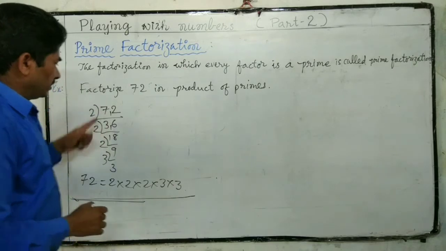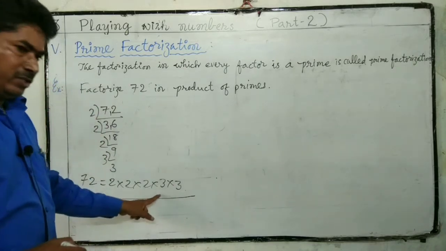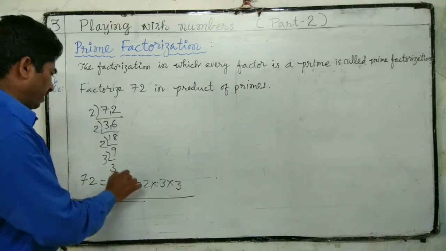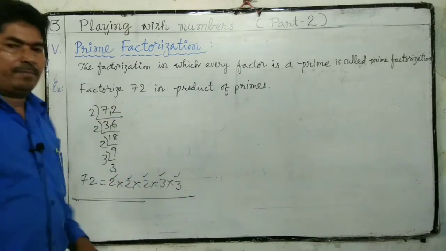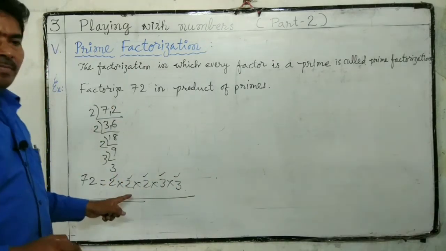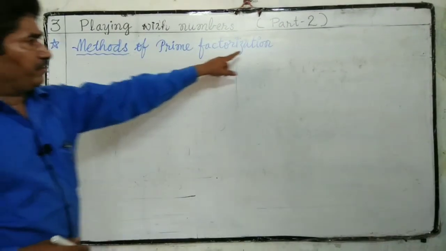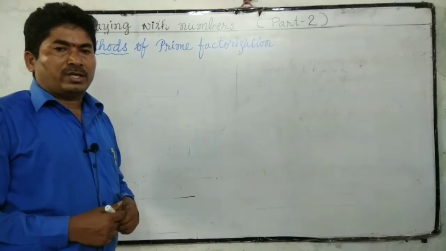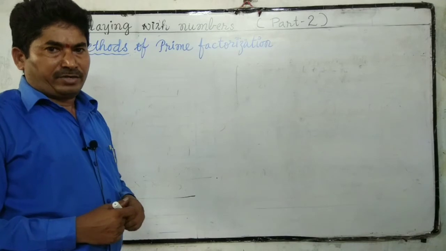So in this factorization, every factor is a prime number. So this is called prime factorization. Methods of prime factorization. There are two methods to find prime factors.